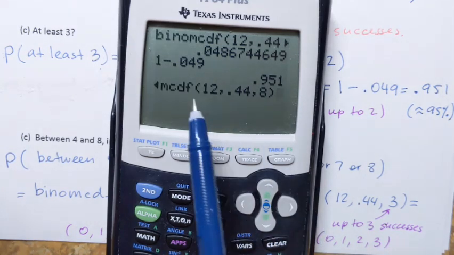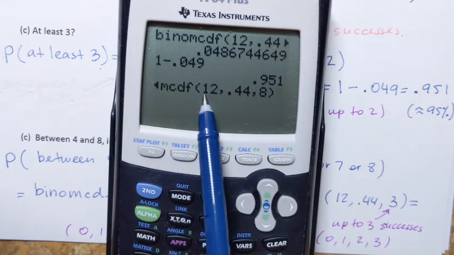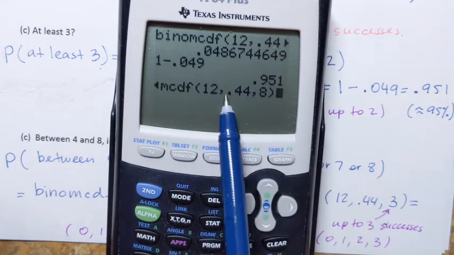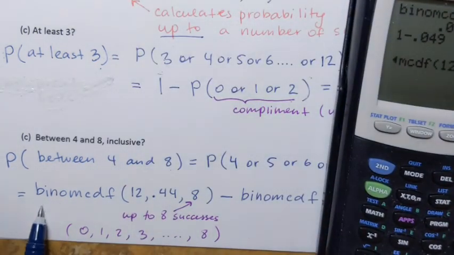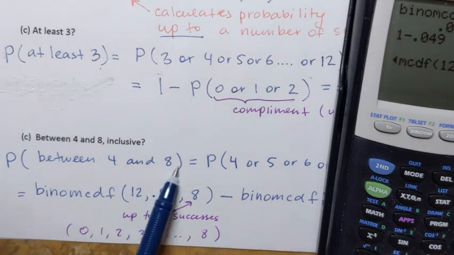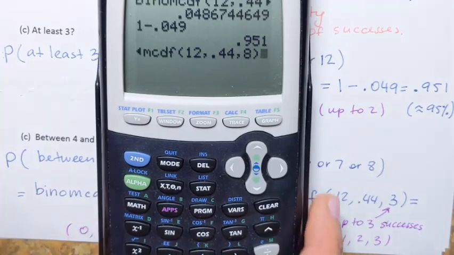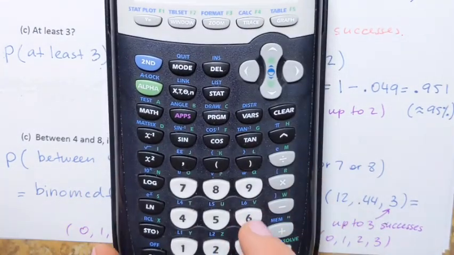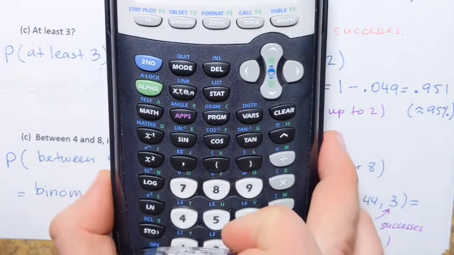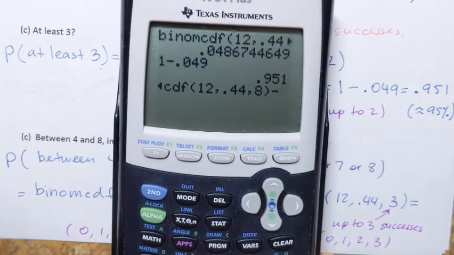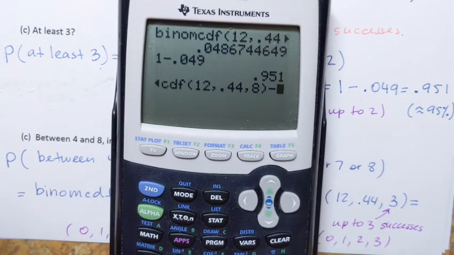So now on my calculator, I can see that it says Binomcdf with those 3 values entered. So I just entered this part. But what I can do next, I can put minus. I can continue typing. And now I'll have to do Binomcdf with 3 at the end.